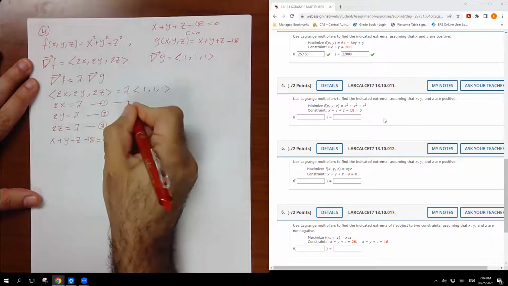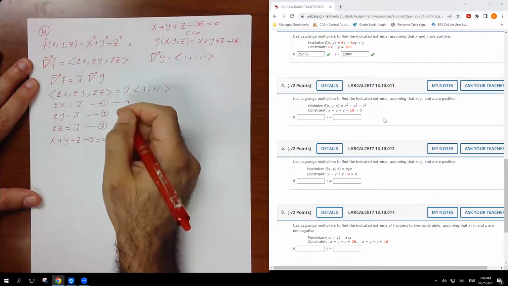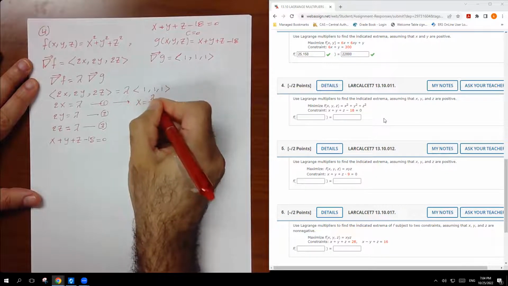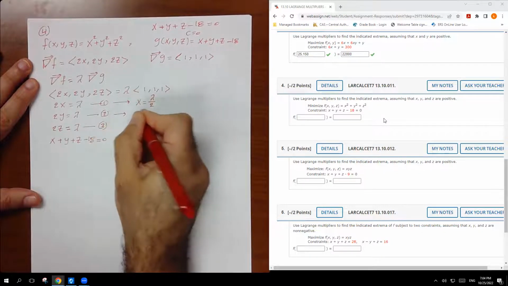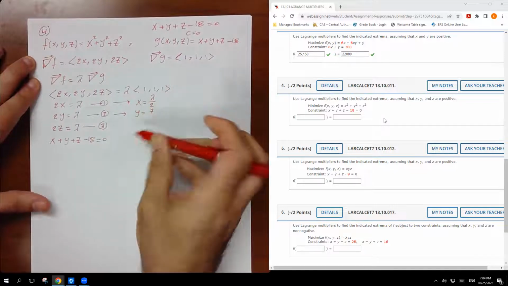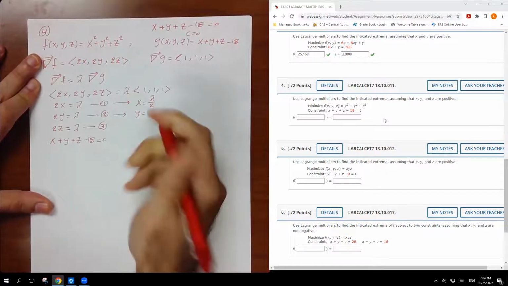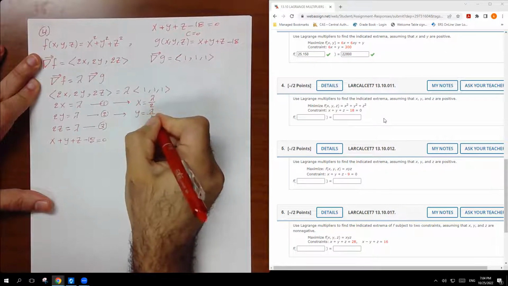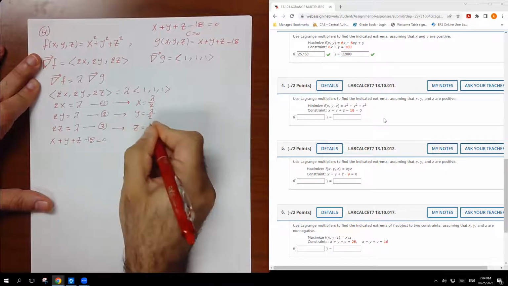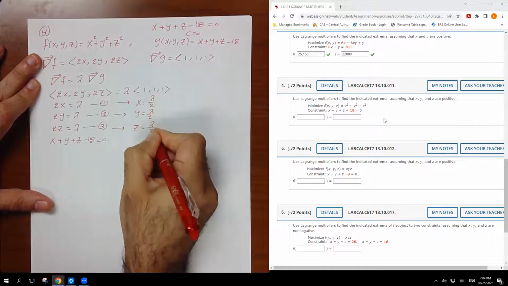Now let's solve these for lambda. That means x is going to be equal to lambda over 2. I'm going to solve this one for y, so y is going to be equal to lambda over 2. And I'm going to solve this one for z, so z is going to be equal to lambda over 2.